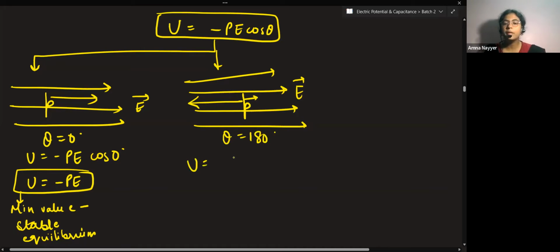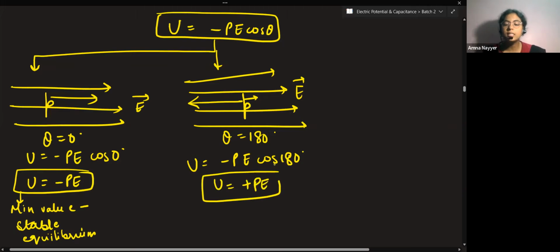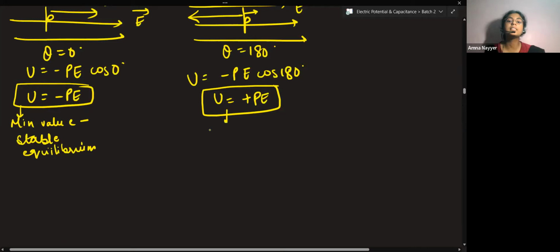So U will be minus PE cos 180 degrees, and cos 180 degrees is minus 1. So minus minus becomes U equal to plus PE. This is the maximum value possible, and it gives unstable equilibrium.